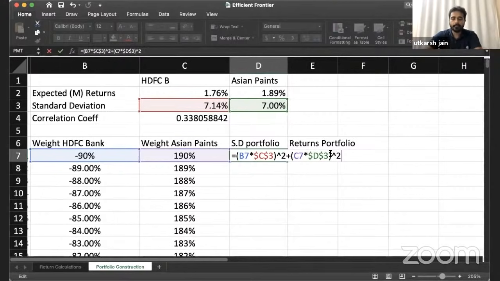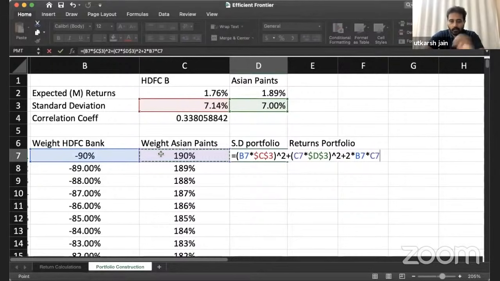Raised to 2. So weight 1 sigma 1 square plus weight 2 sigma 2 square. Up to this, I hope everyone is comfortable with this. Let's do the last term now, right? So the last term is going to be plus 2 into weight 1 into weight 2.